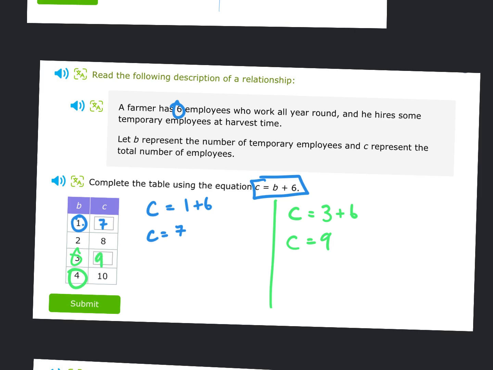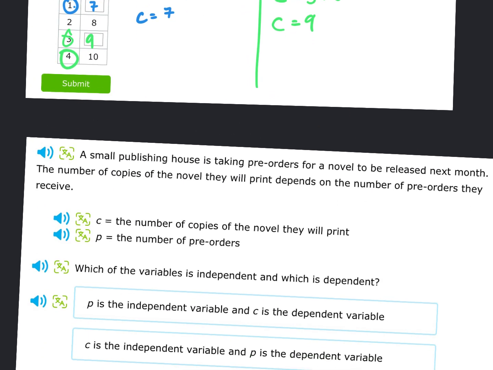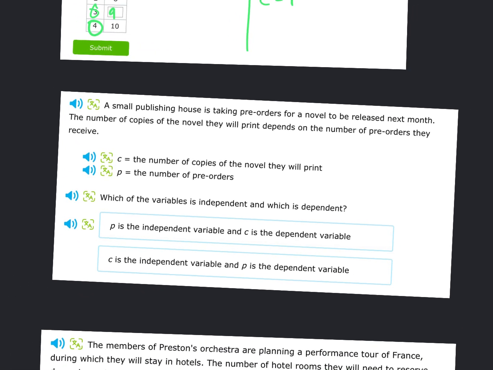So making sure that my X column and my Y column, I'm plugging in the correct numbers. And then we'll do one of these ones. So a small publishing house is taking pre-orders for a novel to be released next month. The number of copies of the novel they will print depends on the number of pre-orders they receive. So which of the variables is independent, which is dependent? Well, they kind of give us the clue right here. The number of copies of the novel they print depends on the number of pre-orders.